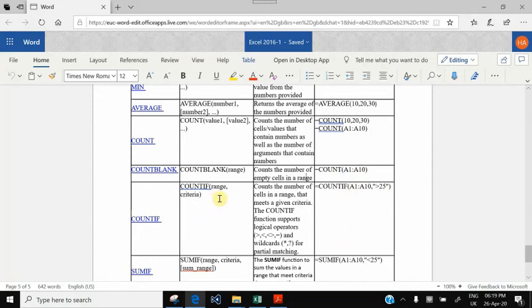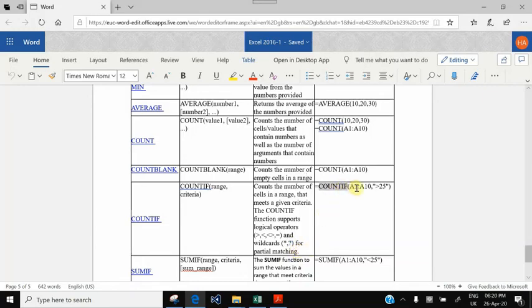Count if counts the number of cells in the range that meet a given criteria. The count if function supports logical operators: greater than, less than, not equal, equal, and wildcards, star and question mark, for partial matching.